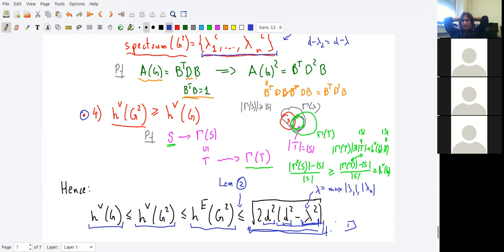As I said, by a more precise analysis in a similar spirit as in lemma 2, you can squeeze a better bound here. However, this bound is conceptually good enough, and it can be just obtained by looking at the square of a graph, because in the square of a graph, the absolute spectral gap and the spectral gap are the same, because all the eigenvalues are non-negative.